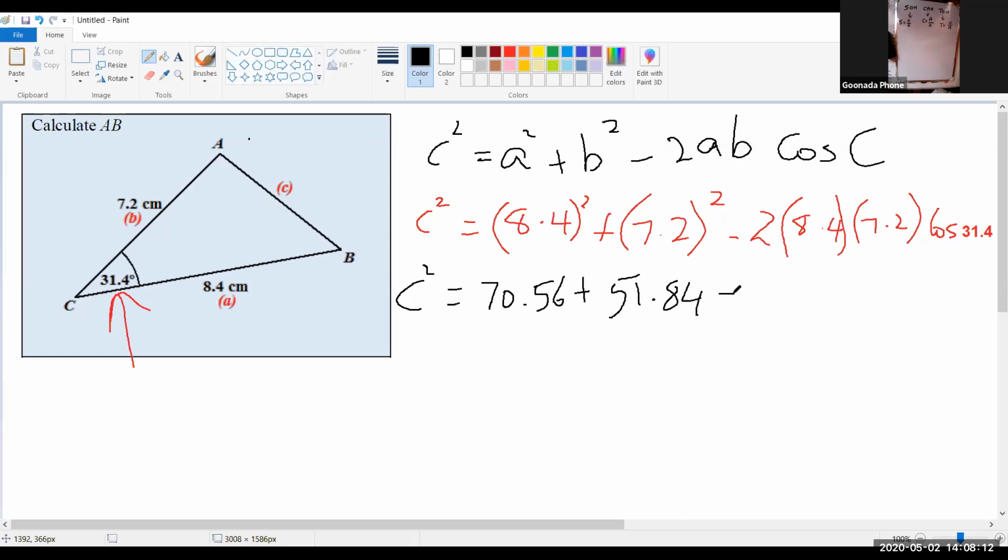And in our calculators, you will write 2 open brackets, 8.4 close brackets, you open the next bracket, 7.2, you close the bracket. So you will get 120.96 cos 31.4.